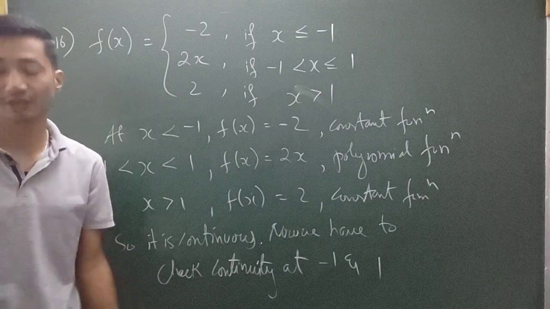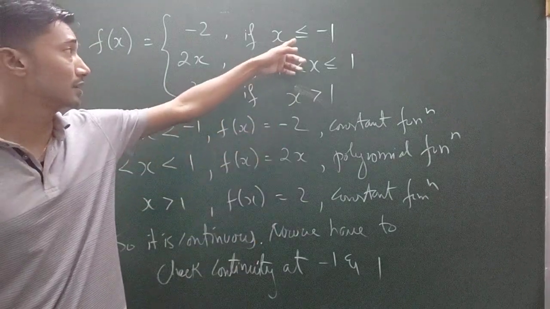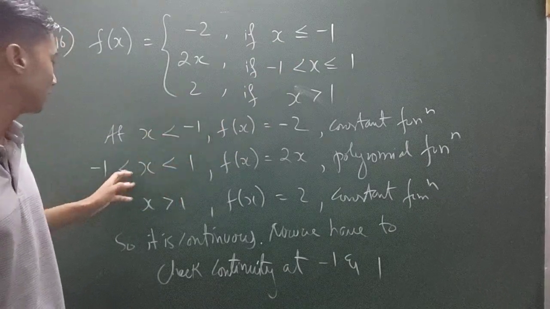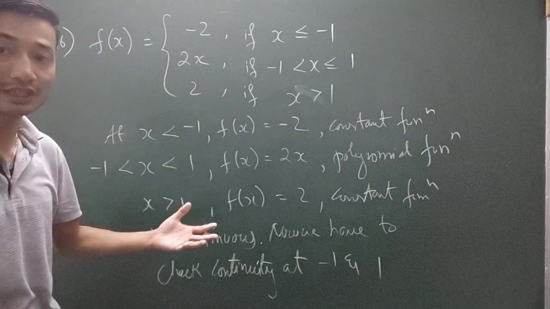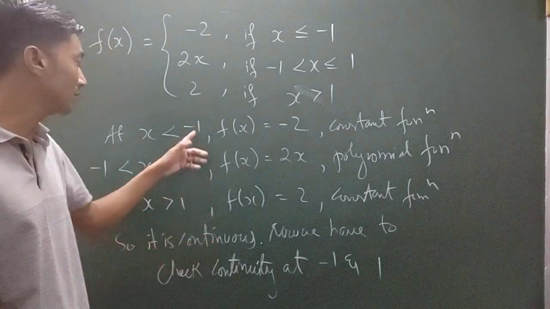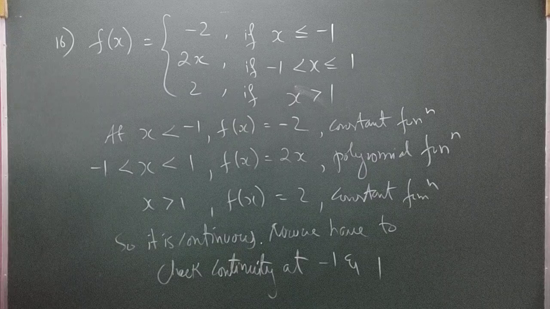We have to check the continuity at minus 1 and plus 1, because x less than minus 1, between minus 1 and 1, and greater than 1 are already discussed. The only points left for us where we are suspicious are minus 1 and plus 1. These are the only 2 points left to check. Let's check.